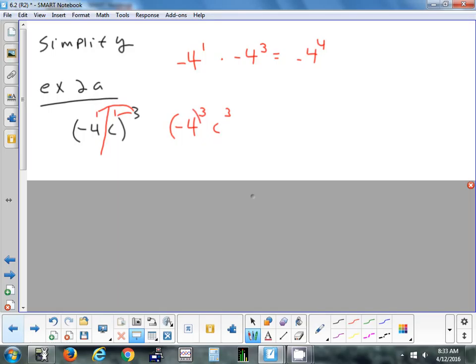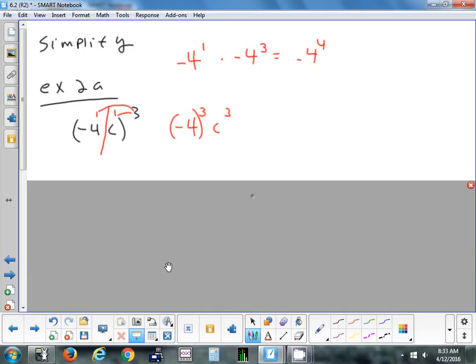Remember, when you punch that into your calculator, make sure you put parentheses around it, or it'll come out incorrectly. Does anybody think they might know, is my answer going to be positive, or is my answer going to be negative? Negative. Negative, right? Remember, negative base, odd exponent, negative answer. Negative base, even exponent, positive answer.